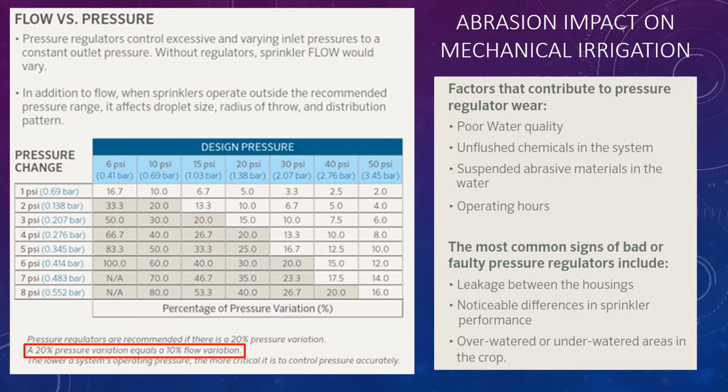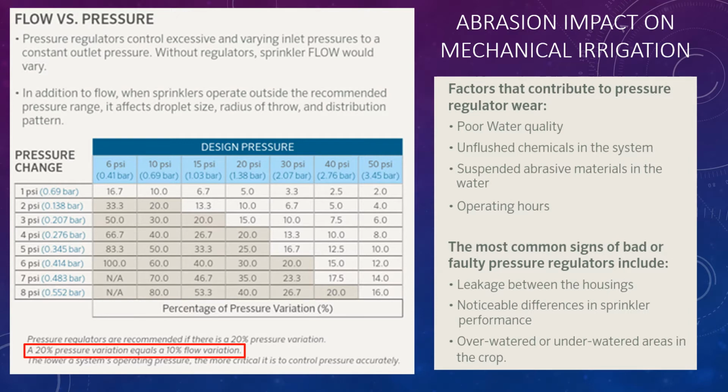So let's take a look here real quick. If I'm at 6 psi and I have a 1 psi pressure change, or even a 5 psi pressure range, let's say it fails, you can see quite a dramatic change in the capability of this pressure regulator to maintain flow.